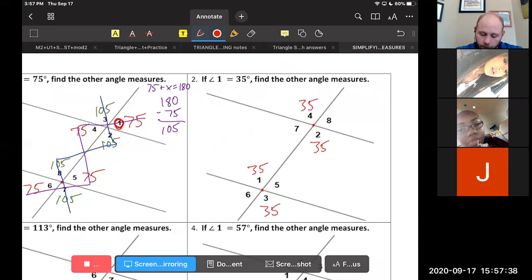And then all I have to do is 180 minus 35, and I get 145, which is here.